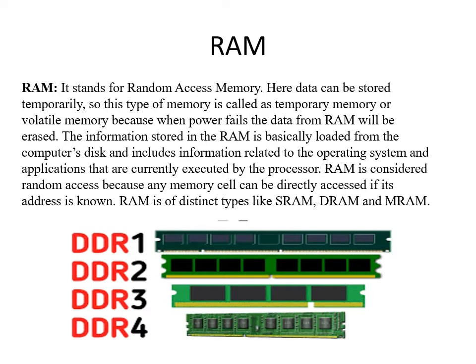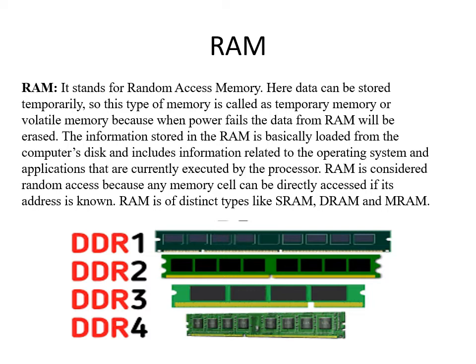RAM. RAM is also called main memory. It consists of memory chips that can be read from and written to by the processor and other devices. When we turn on a computer, certain operating system files are loaded into RAM from a storage device such as hard disk.